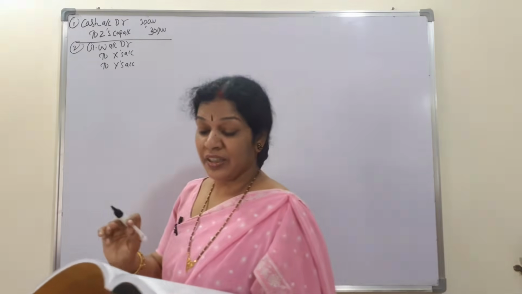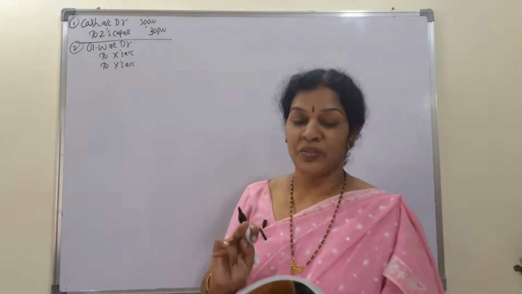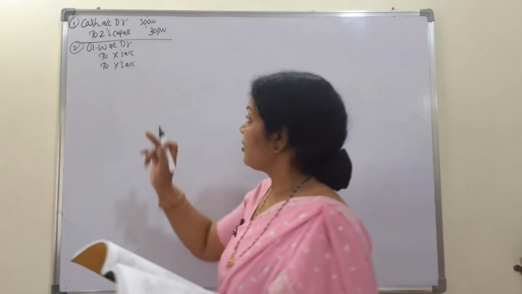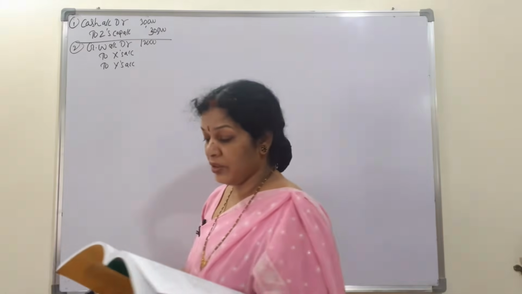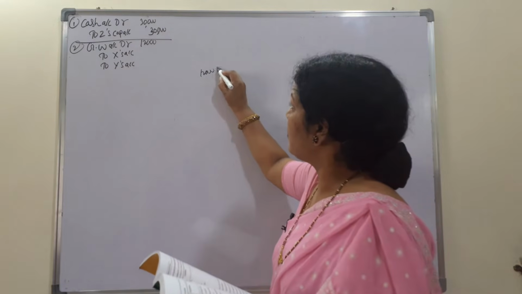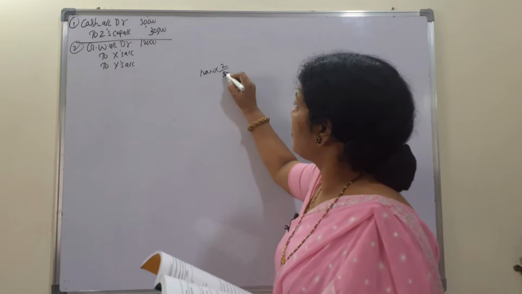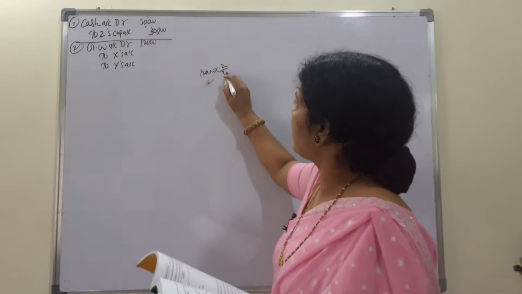How much are we creating? 18,000 minus 6,000 means 12,000 we are creating, in the ratio of 2:1. 12,000 into 2:1, 24,000, or otherwise we can do it like this.